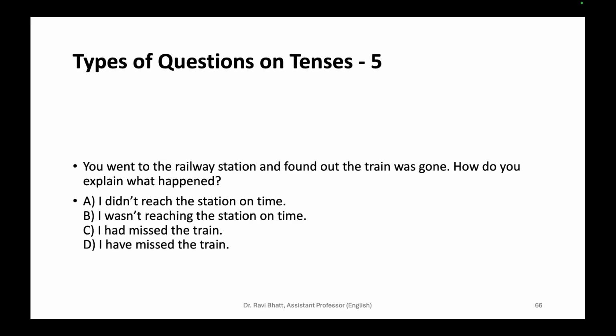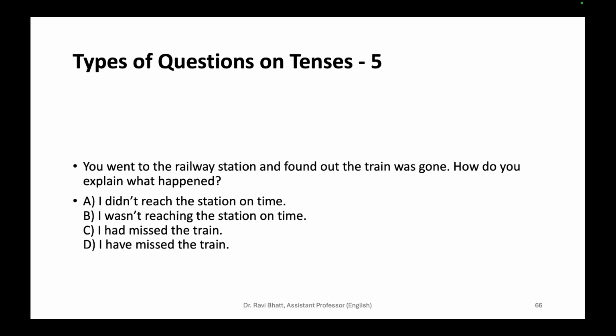And then after figuring out those two actions, you have to understand which action happened first, and which action happened later on.